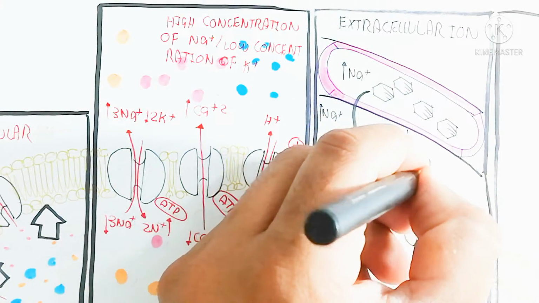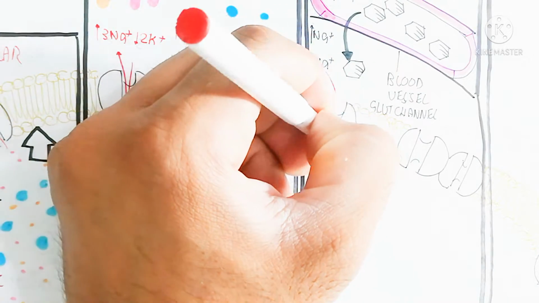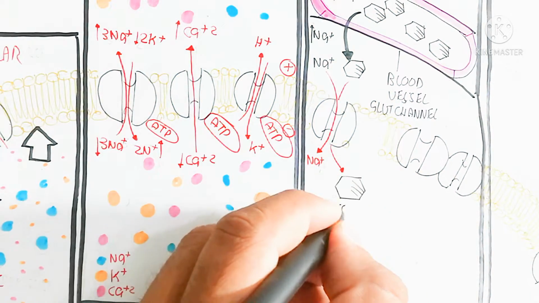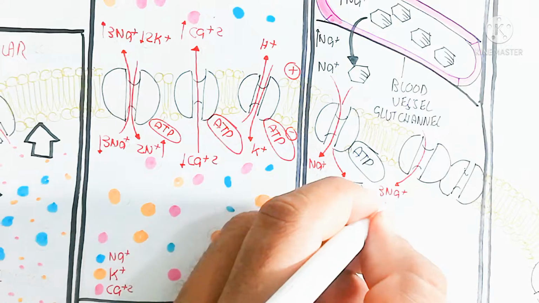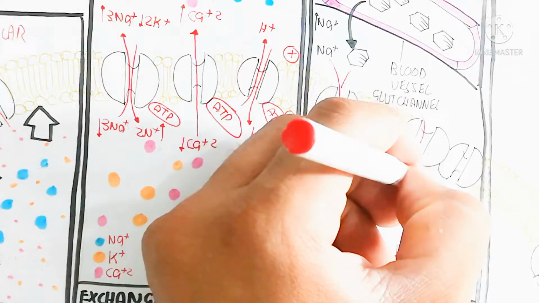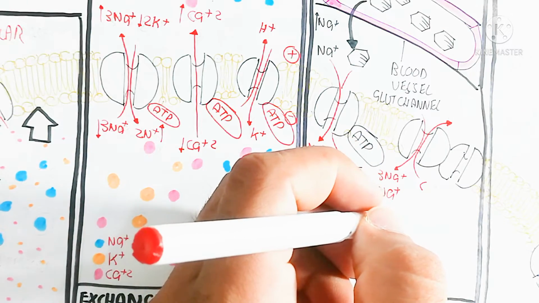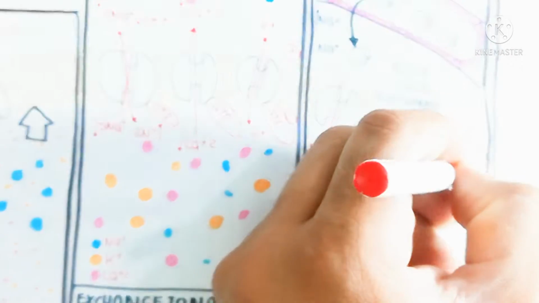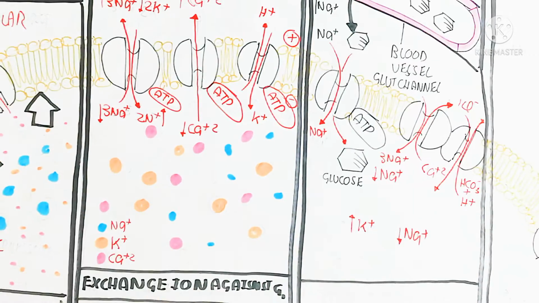For example, hyperglycemia will lead to glucose moving into the cell, so the blood vessel and GLUT channel are required. Here you can see the glucose will move in with sodium; one molecule of sodium moves into the cell with the glucose, which is known as import, but ATP is also required for opening of the channel. Opening of the channel means insulin is required. So remember, insulin will be bound and the GLUT channel will be attached to the cell. That is why ATP is also required, but passively required, not actively.